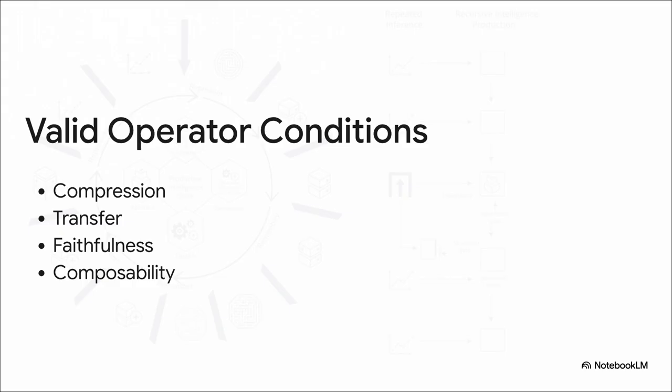They must demonstrate robust transfer to novel instances, strict faithfulness to the underlying causal structure, and composability without generating architectural interference. Furthermore, the strongest form of this mechanism involves the abstraction of meta-operators. These are specialized operators whose precise function is to recursively improve future operator formation itself.